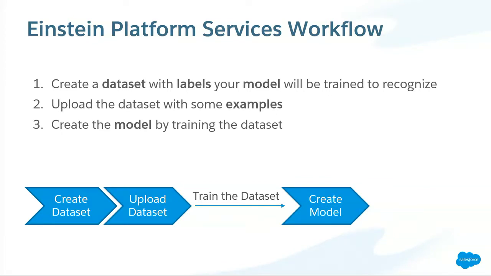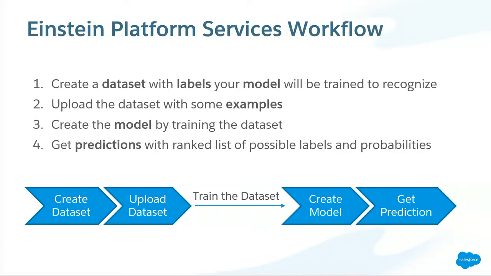The third step is to create the model. And this is done by training the dataset. Once the model is created, you can use it to get the prediction. The prediction comes as a ranked list with the most probable label, the most probable output, coming first.